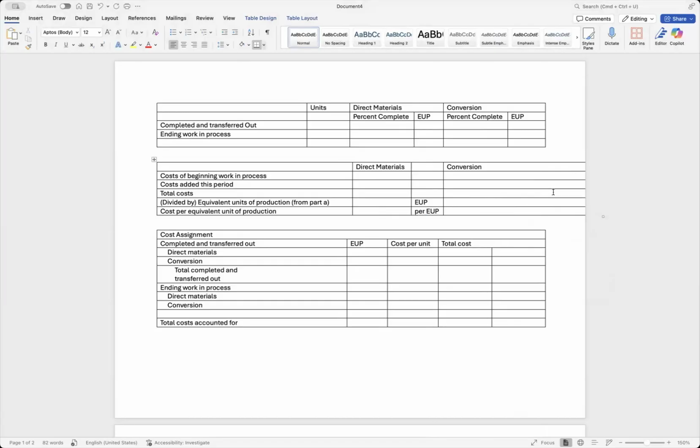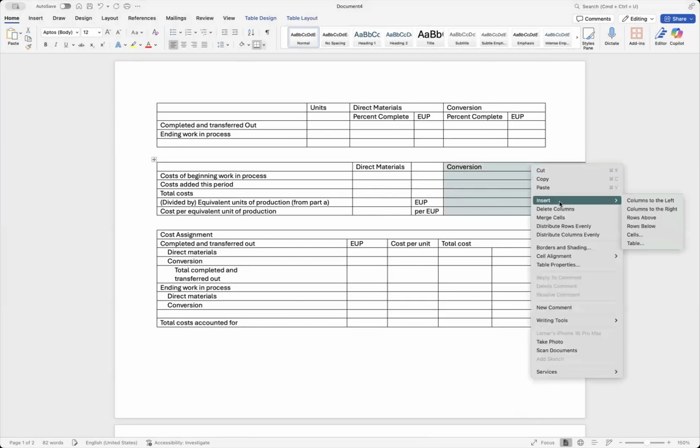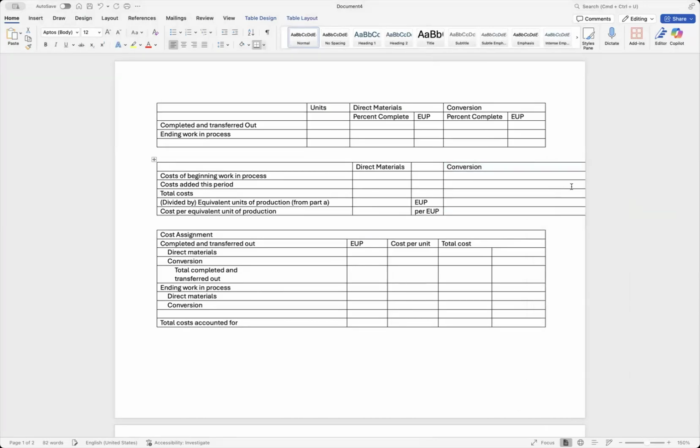All right. And then insert column to the right. And this one is weird because now I can't see it. Sorry about that. Now let's try this again.